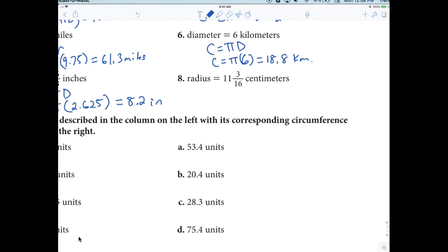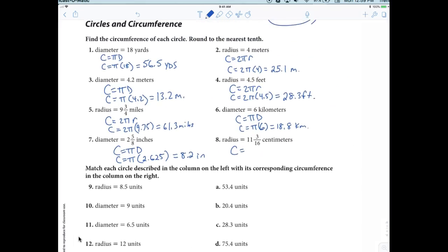Oh, so it's... What formula am I using? Pi times d. No, because they give you the radius. So we're going to use the one with the radius in it. What formula has the radius in it? It's pi times radius.